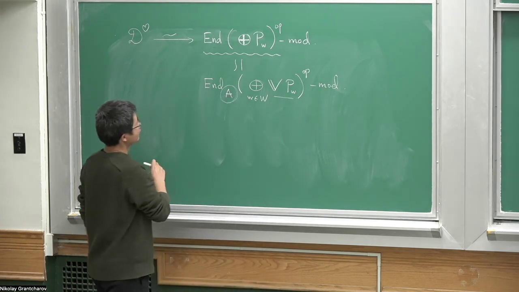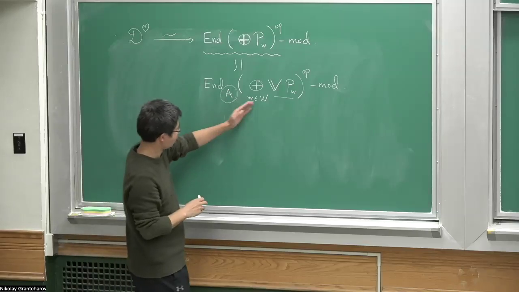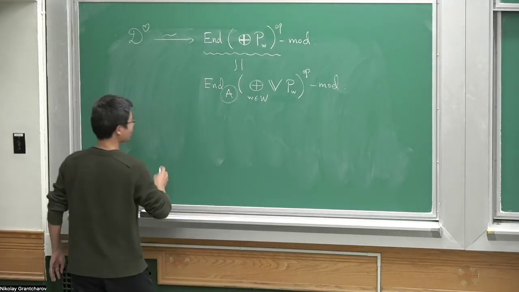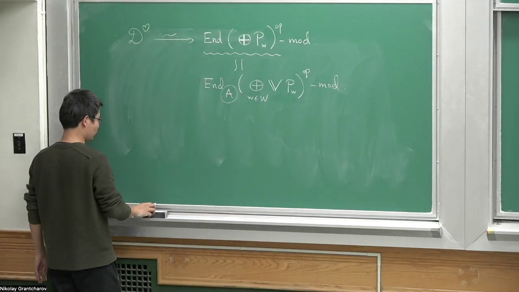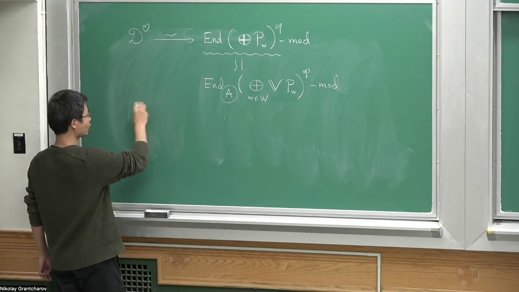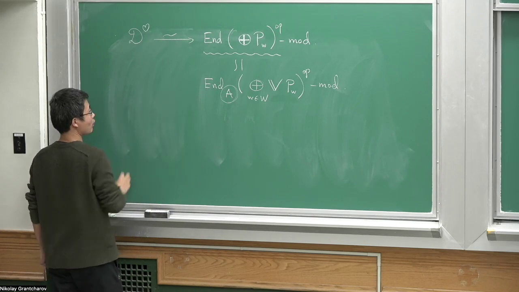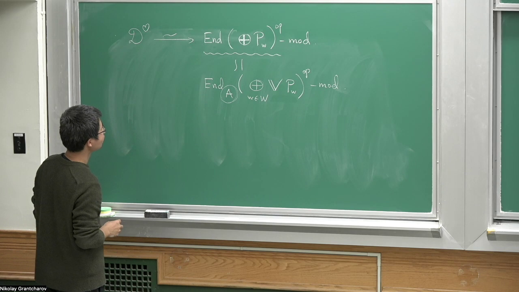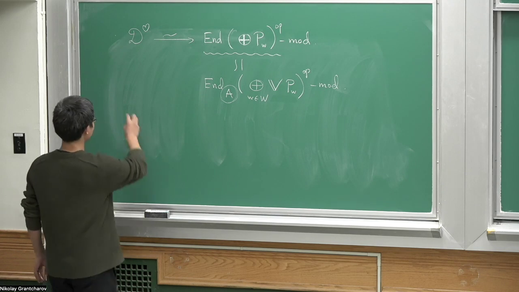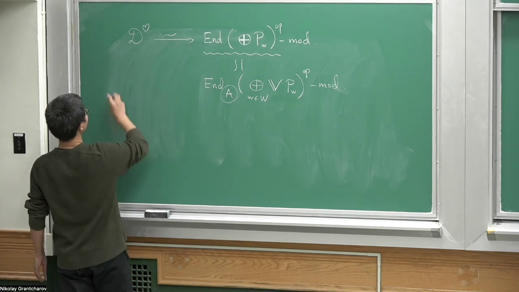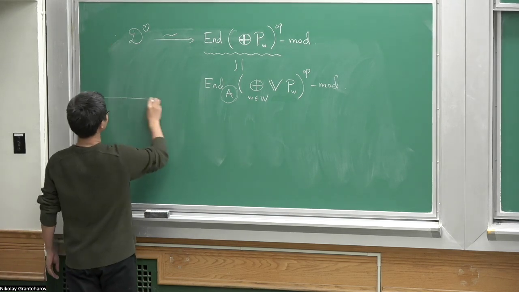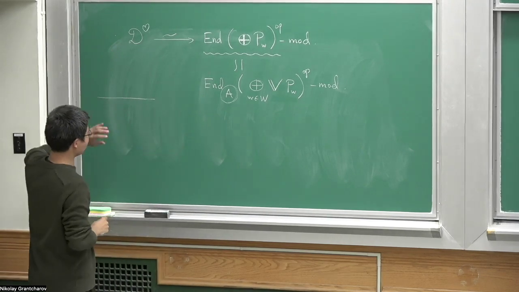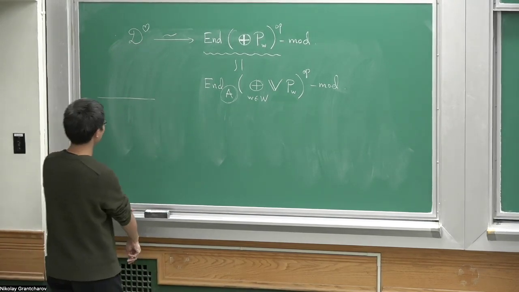Now the point is, these A modules can be calculated in an inductive way. Maybe it's easier to do it for the other Soergel functor, but the story is parallel.